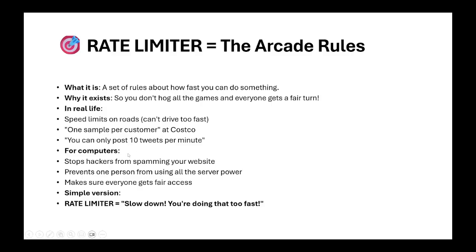Also in computers, you can similarly see this rate limiter, which stops hackers from spamming your website, as we have discussed earlier, and prevents one person from using all the server power, and makes sure that everyone has a fair share of the access.